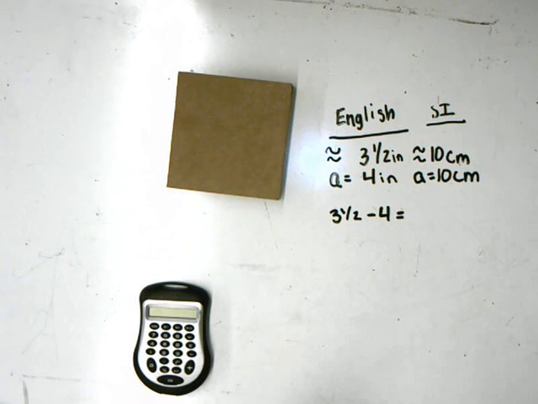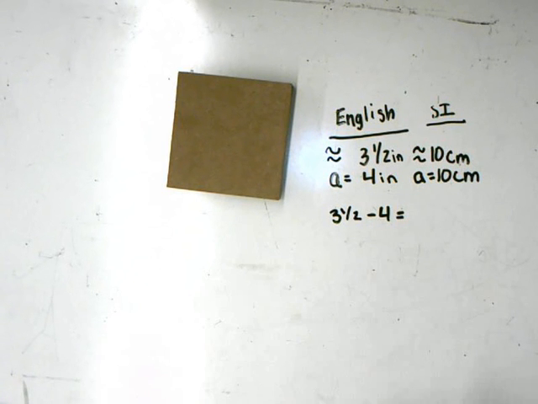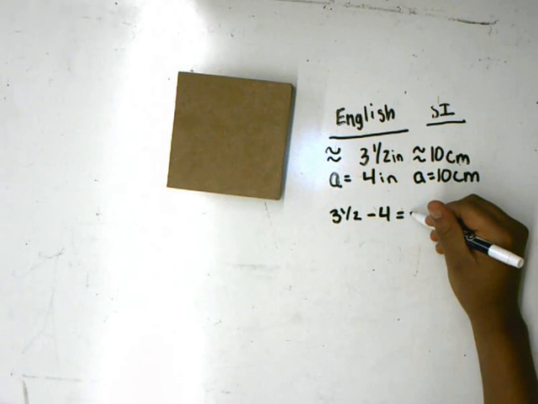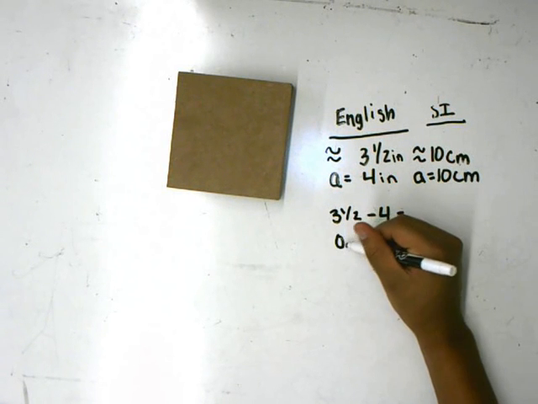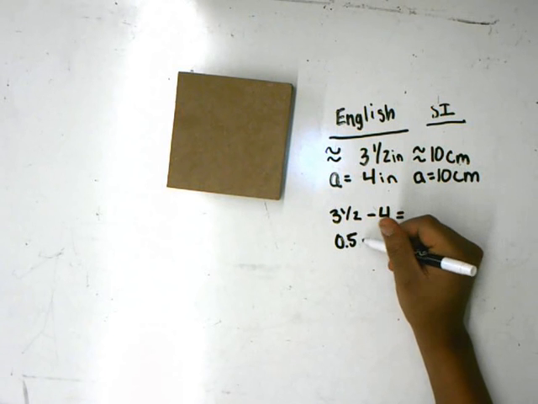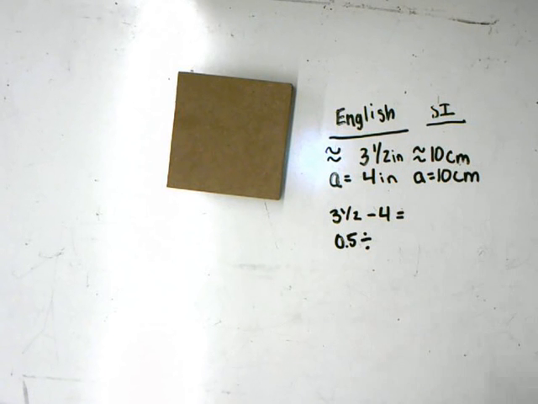So on my calculator, I'm going to do 3.5 minus 4 equals 0.5. Now I'm going to divide 0.5 divided by the actual, which was 4.